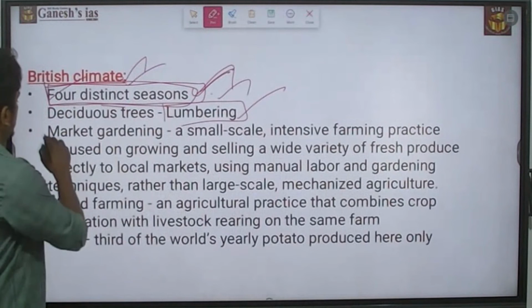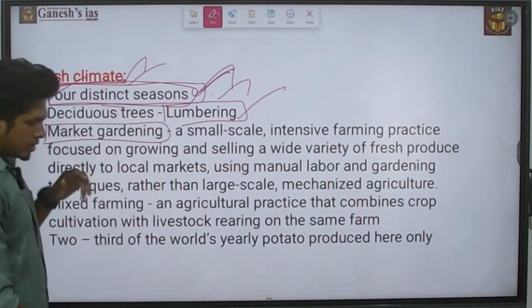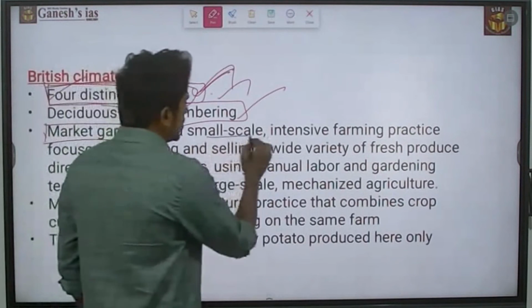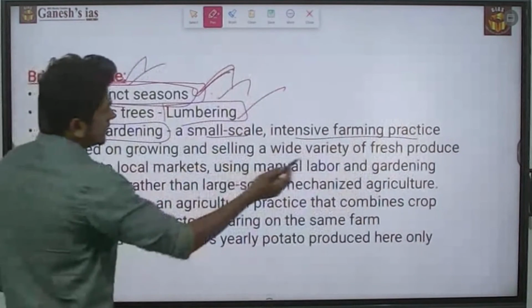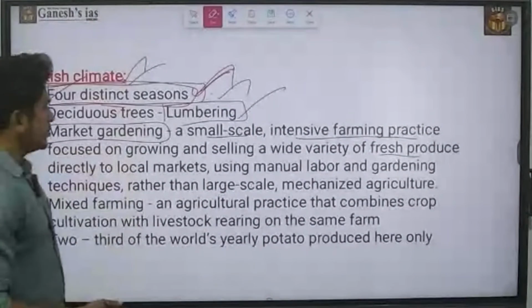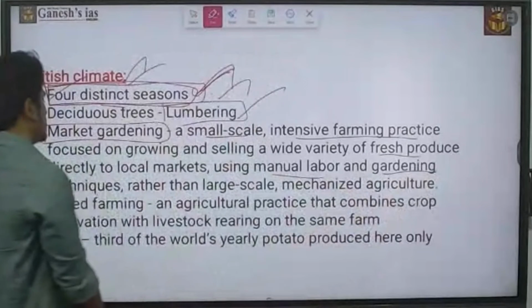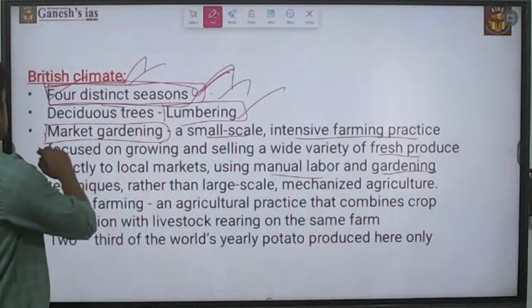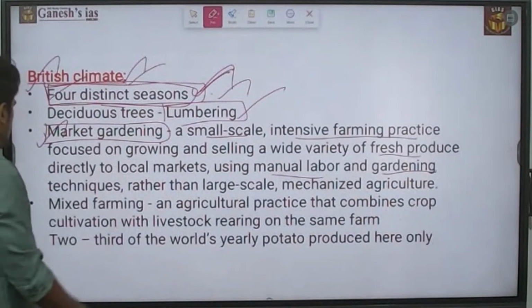Then the next unique feature is market gardening. Market gardening is a small scale intensive farming practice for growing and selling fresh vegetables, using manual labor and gardening techniques. That is called market gardening, and it was widely followed in the British climate.